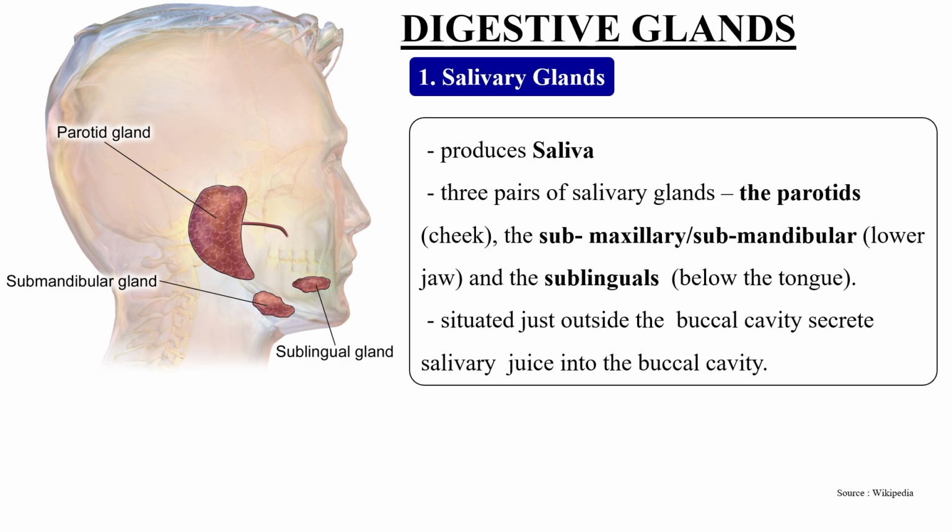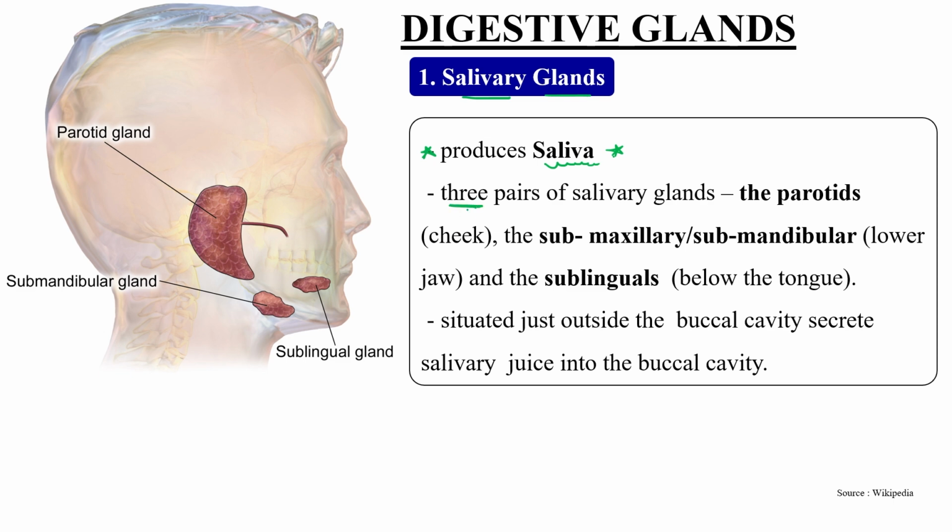The first type of gland is known as the salivary gland, present in our oral cavity. What is the use of this salivary gland? Salivary gland produces saliva. It is present in our oral cavity in pairs.